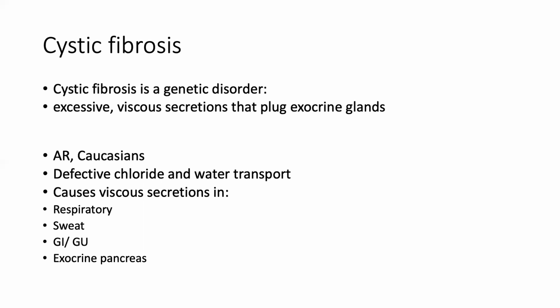There is a problem with the chloride and water transport, and therefore the nasal secretions and pancreatic secretions have less water content. They become very thick, viscous secretions, and that will block the exocrine glands. This can happen in the respiratory tract, sweat glands, gastrointestinal and genitourinary tract, and the exocrine portion of the pancreas.